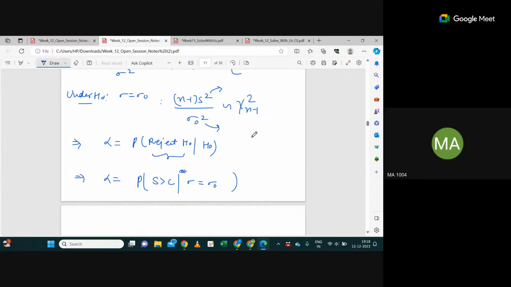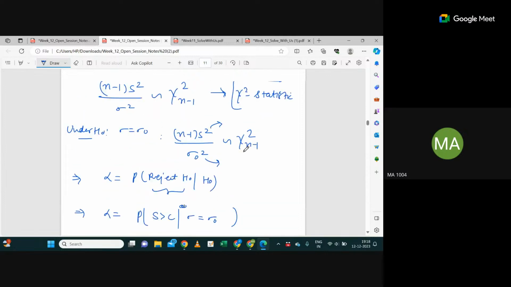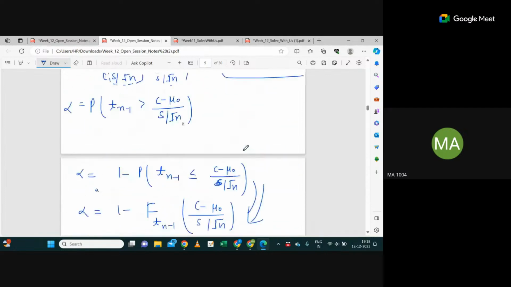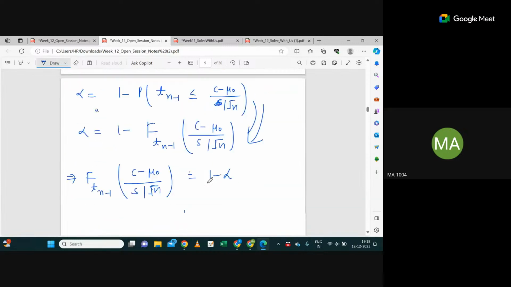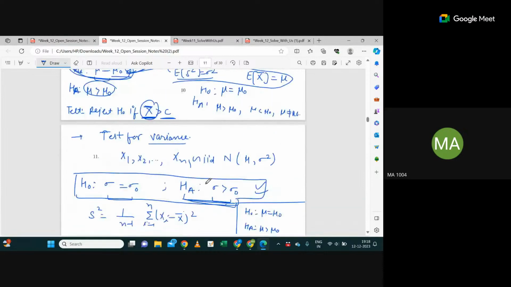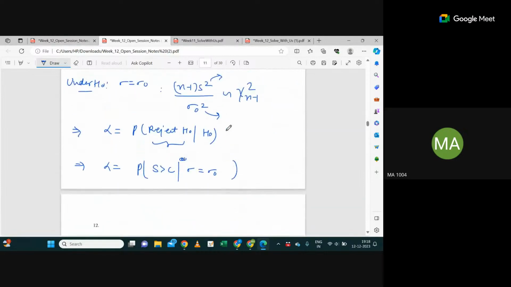In the previous part, what we did after writing this, if variance is unknown, is convert it into the T form, the T statistic, right? But now we have information about variability, so I have to convert these things into chi-square. Yes or no?